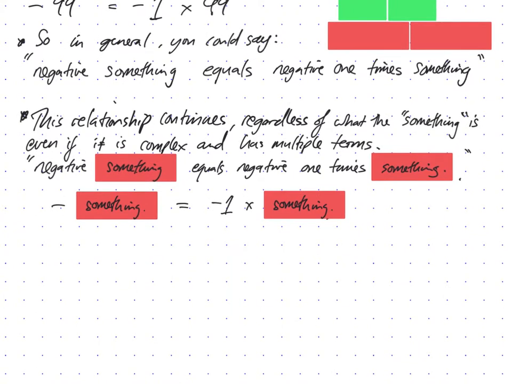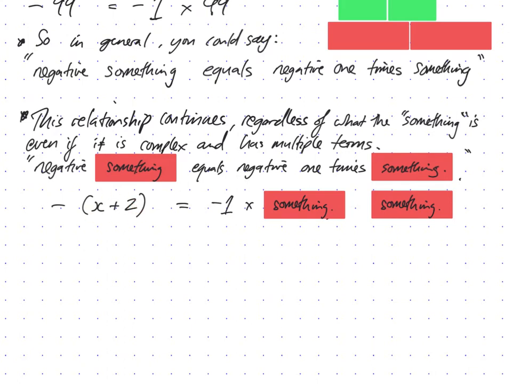So I've rewritten that again. Negative something equals -1 times something. But this time I've made the something a bit more complicated. It's got multiple terms to it. So when I reveal this, it's a set of brackets. I'm saying negative of all of x plus 2. The negative version of all of x plus 2.